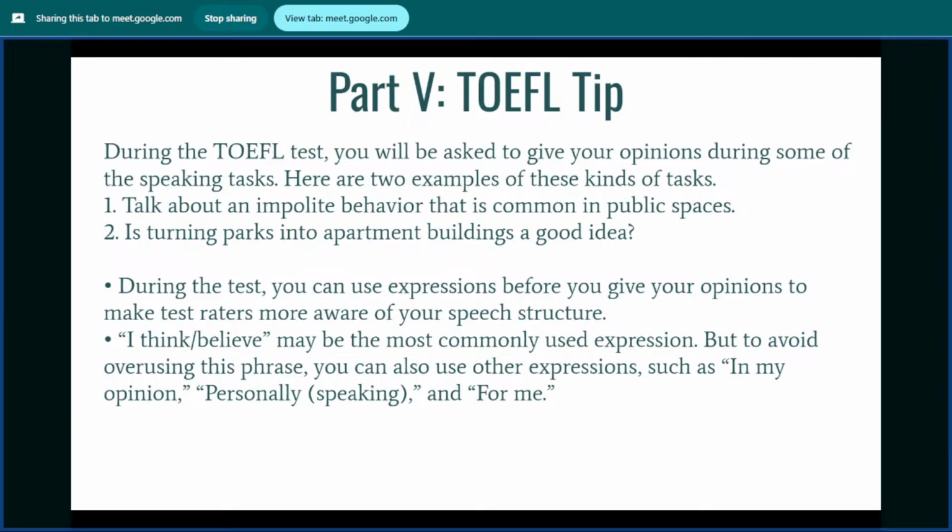We can converse with people of our neighborhood. And if we replace parks with buildings, we lose green spaces, which can lead to more pollution and a lower quality of life. I understand that housing is important, but we should find other solutions that don't harm the environment.